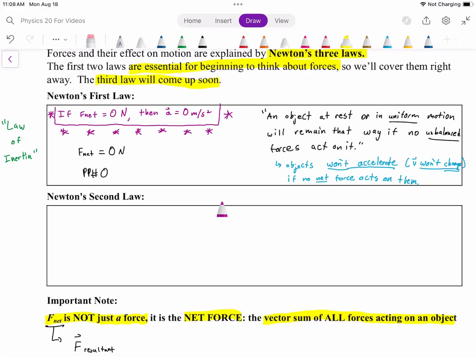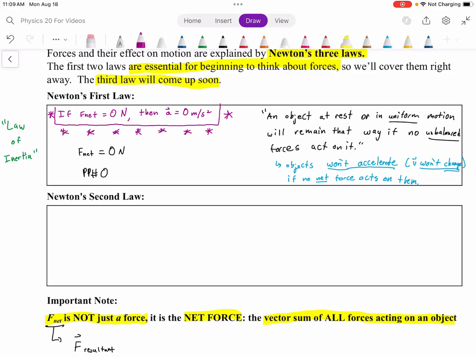Okay, so Newton's first law, again, just says that an object won't accelerate if the net force on it is 0. Here's what Newton's second law says. An object will accelerate if the force acting on it is not 0, right? If there's a net force, the object will accelerate. And it says a little bit more than that.